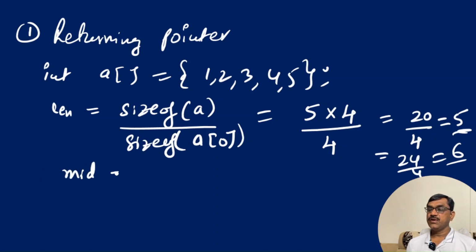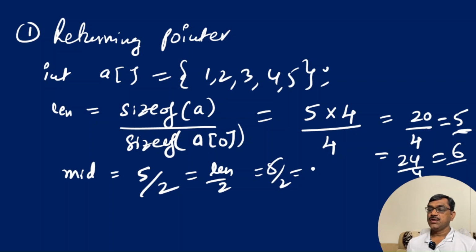The mid element we find as n by 2, or length by 2, so 5 by 2. How much? It takes only the integer part, 2. It's not going to take the real value. It's not 2.5, it is only 2. Why? Because this is an integer division.